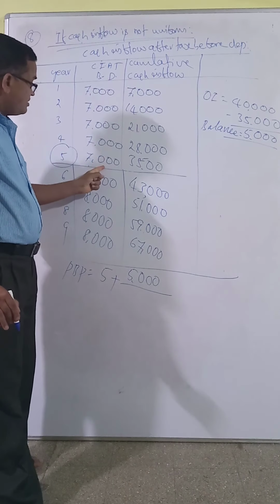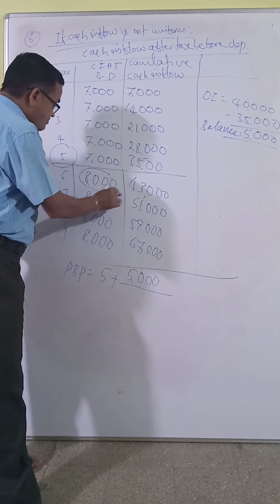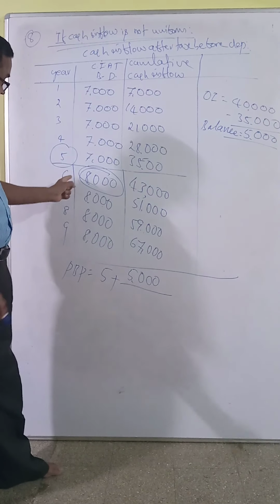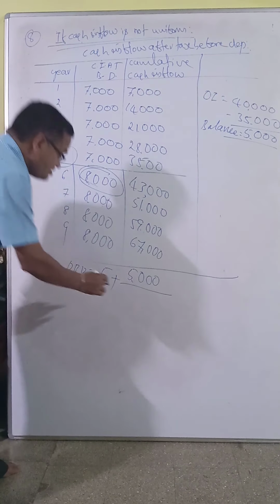The cash flow of the next year is 8,000.